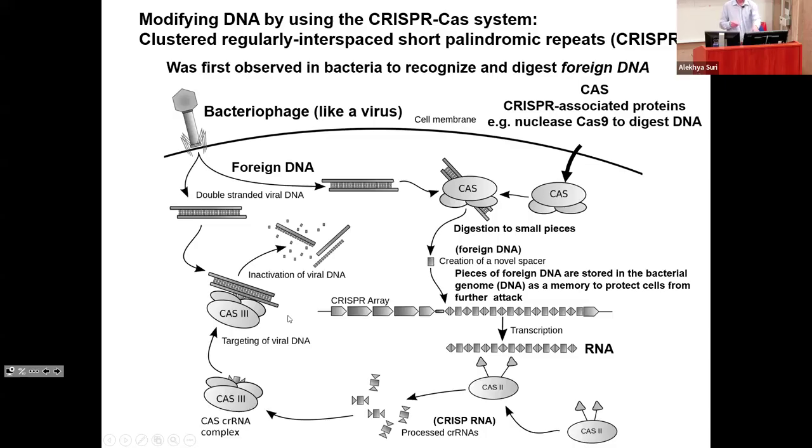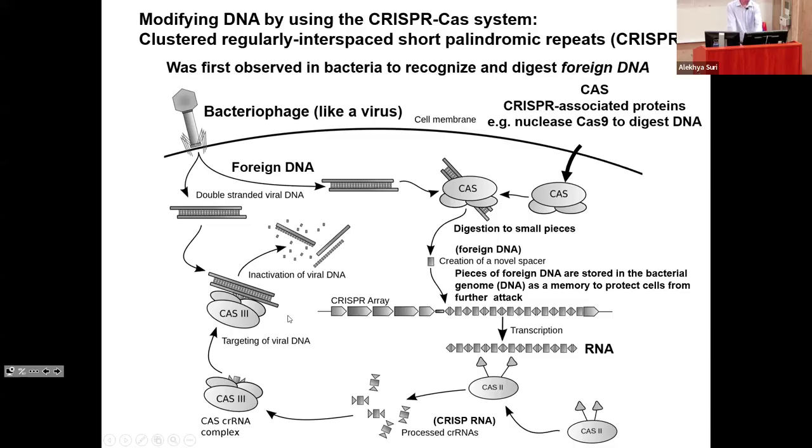The foreign DNA gets incorporated into the genome, and then after exposure again to the foreign DNA, it will be expressed faster so that the foreign DNA can be inactivated much faster. So in these steps, there would be a nuclease involved that digests the foreign DNA into smaller pieces. These will be inserted into the genome.